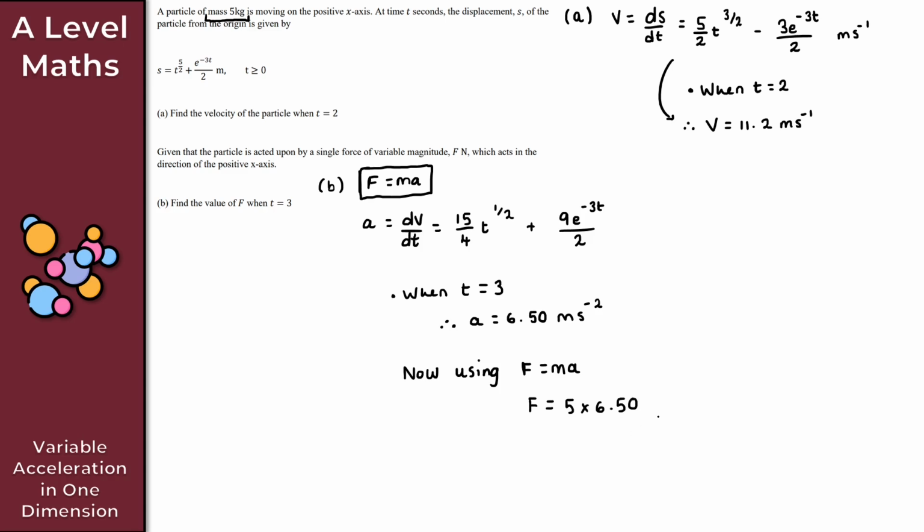Just put this into your calculator, or evaluate by hand, whichever you prefer. Obviously much easier to use a calculator, but either way, what you should get is 32.5 newtons. And there we have it. That gives us the value of F when t equals 3.